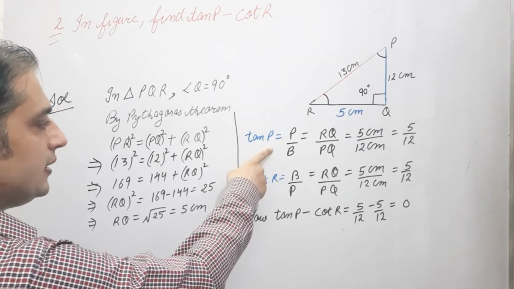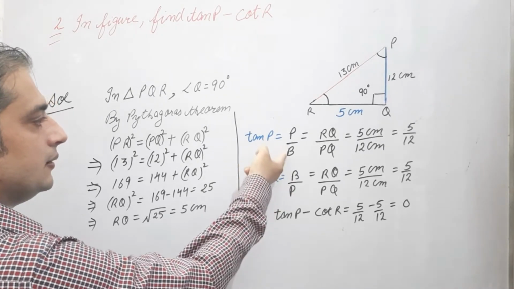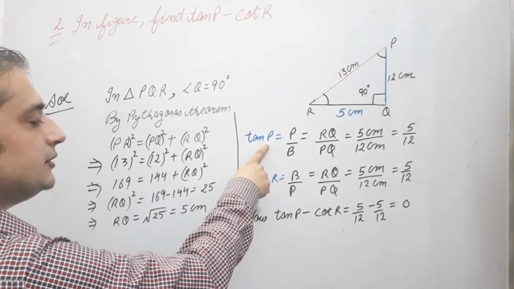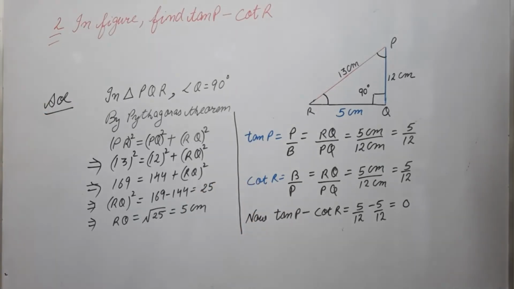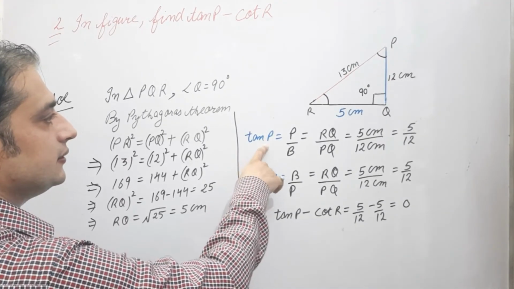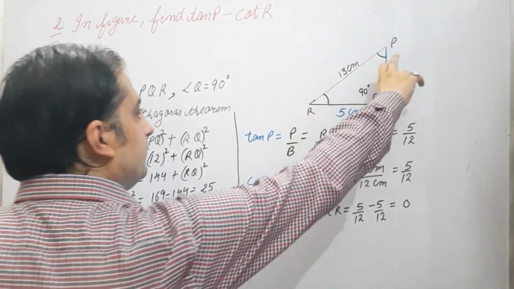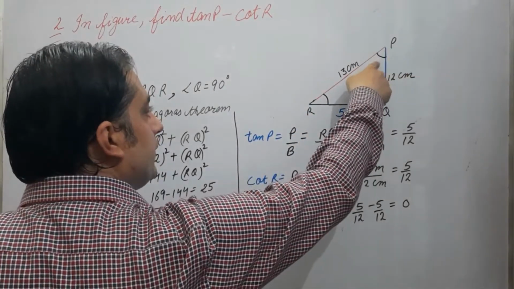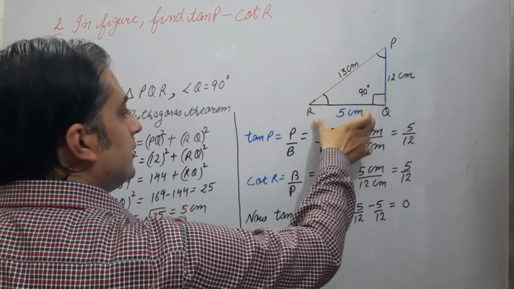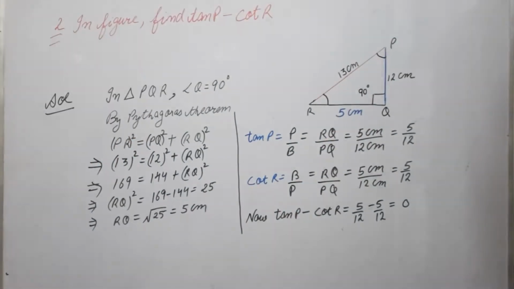Don't just take the reciprocal of this P by B, because here the angle is R, and here the angle is P. The position of perpendicular and base changes if we change the angle. If we take angle R, PQ is perpendicular. If I consider angle P, then RQ is my perpendicular.